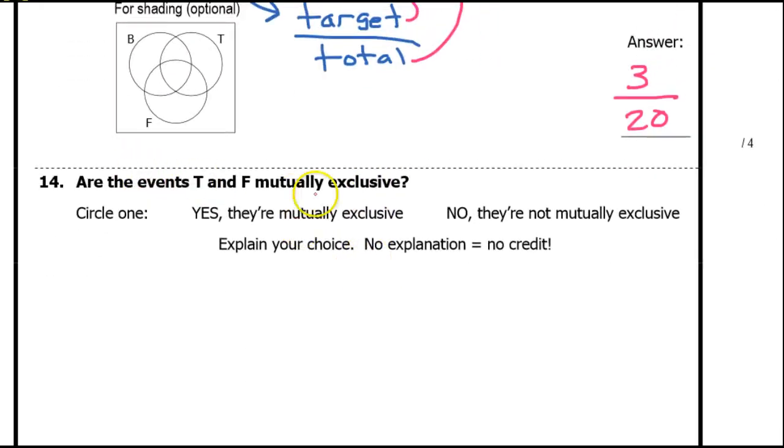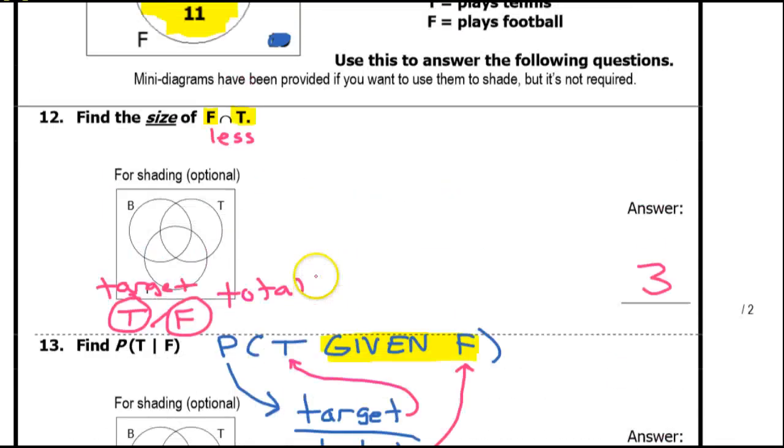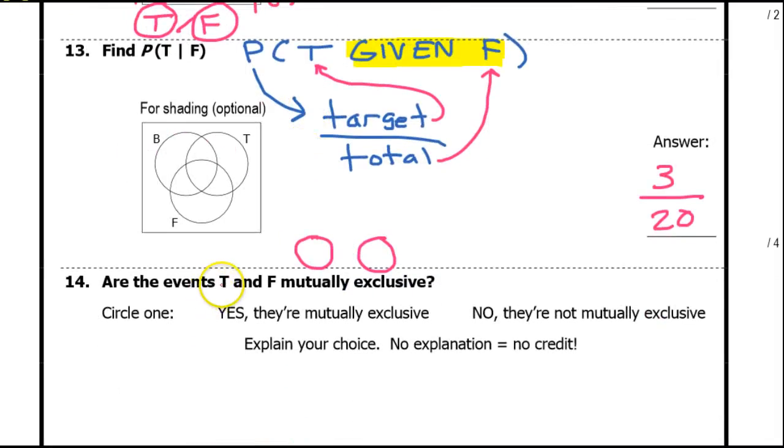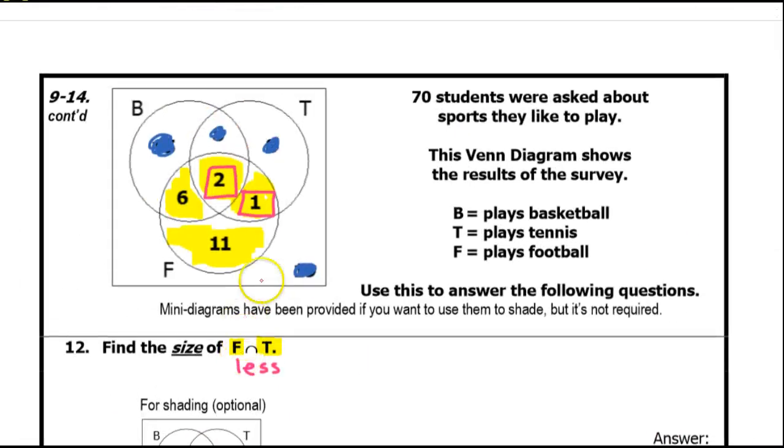Are the events T and F mutually exclusive? Remember, mutually exclusive means that the two sets are not overlapping. They have nothing in common. But as you can see, the events T and F, set T and set F, do overlap right here. There are 3 students who play football and tennis.